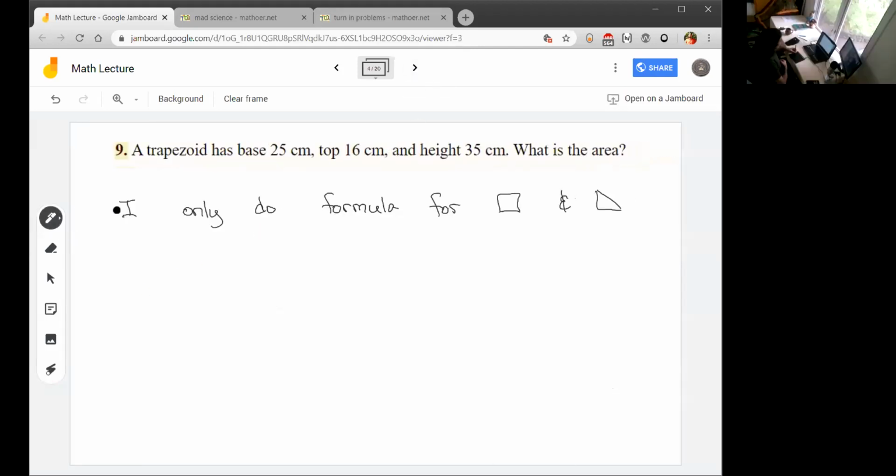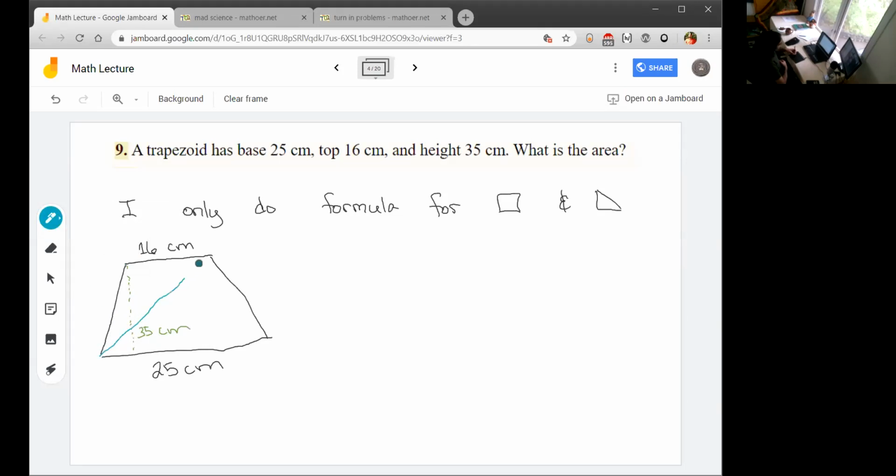So what happens if you're stranded on a desert island and for some reason you have to do this and you don't remember your trapezoid formula? Then the thing to do is chop it in 2.